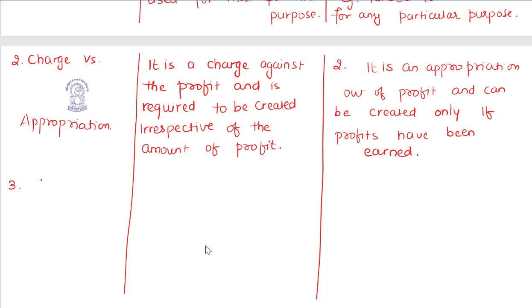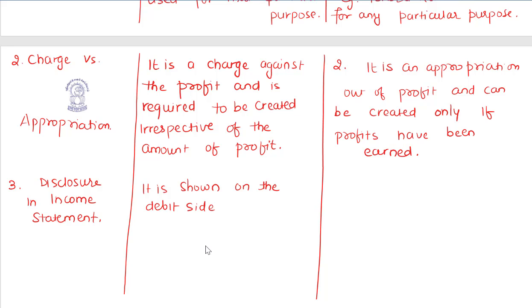Third point, disclosure in income statement. Provision is shown on the debit side of profit and loss account.